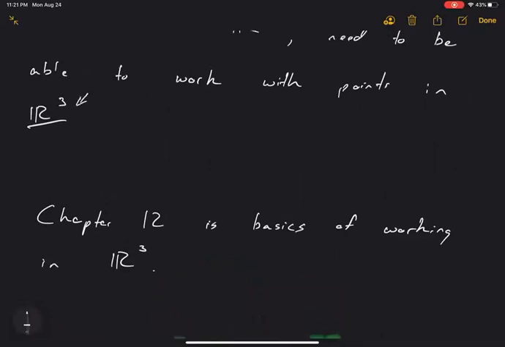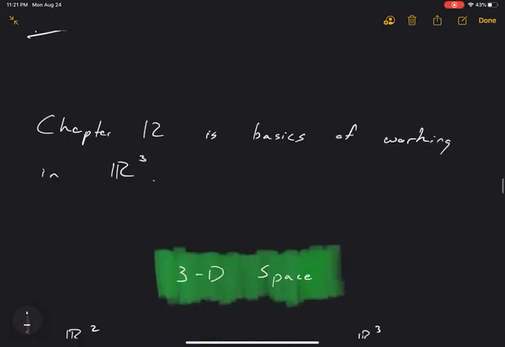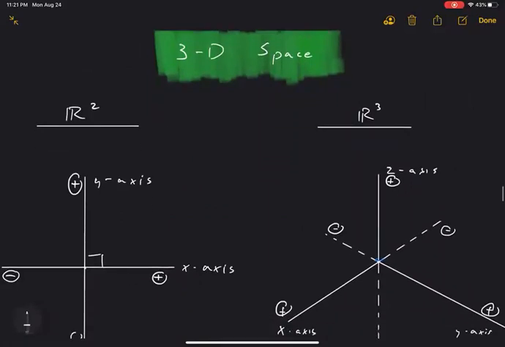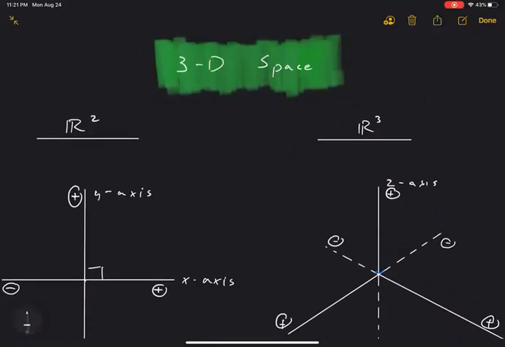It's really just talking about points in R3, how we draw them, how we add them together, and so on. We've got to be able to do all of that before we can do anything complicated like derivatives or integrals. So that's what chapter 12 is all about. Okay, so now I've kind of set the stage, so now let's move on to some actual material.